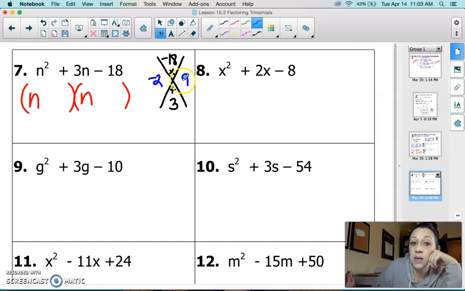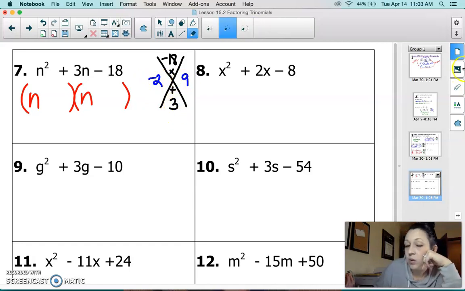Because a negative times a positive equals a negative. So negative 2 times 9 does equal negative 18. Now, we have to check and see if these two numbers add up to positive 3. So negative 2 plus 9, that equals positive 7. So that is not going to work. So we are going to try something else.